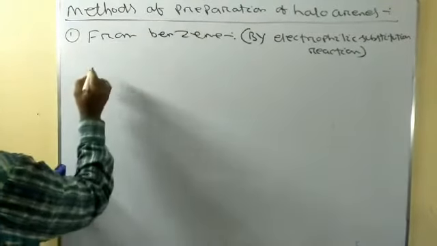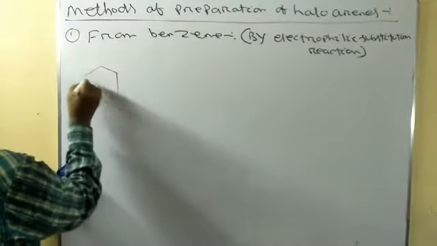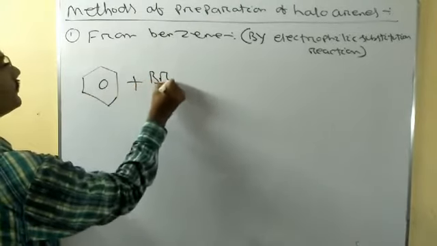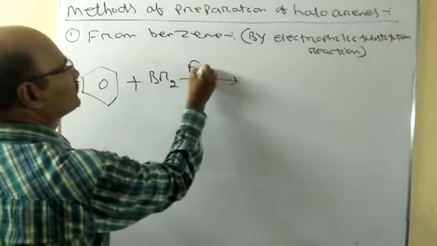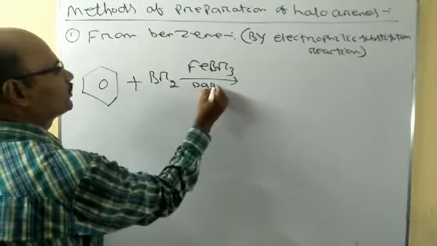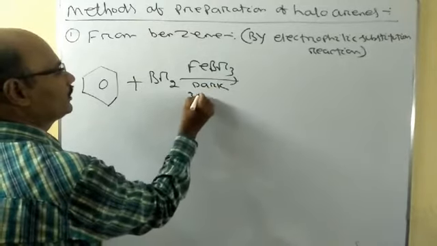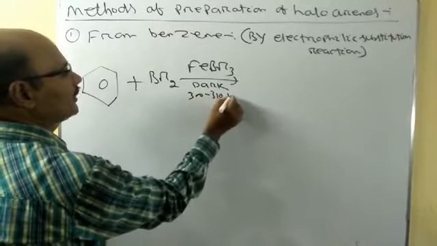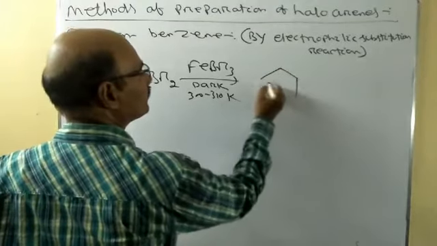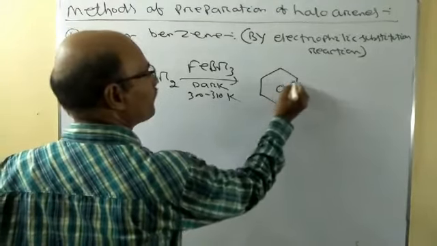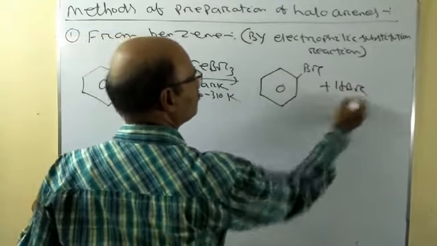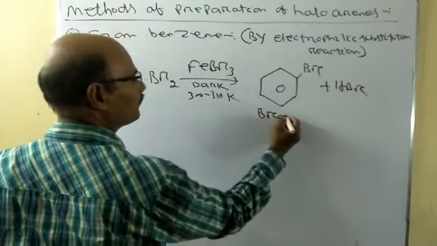If I do this, bromine Br2, FeBr3, dark condition, 300 to 310 Kelvin, we will get bromobenzene plus HBr.